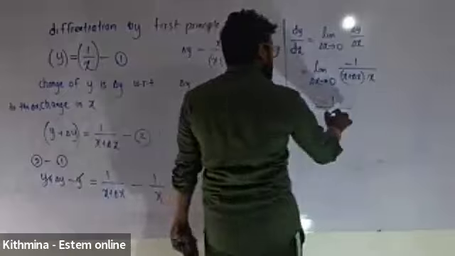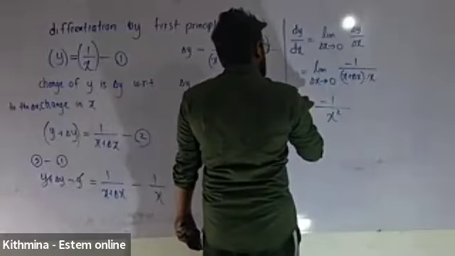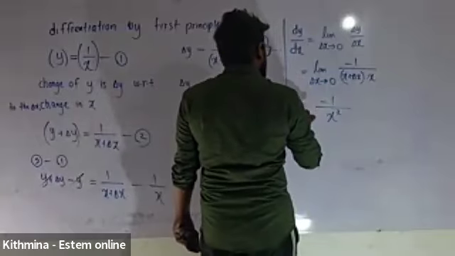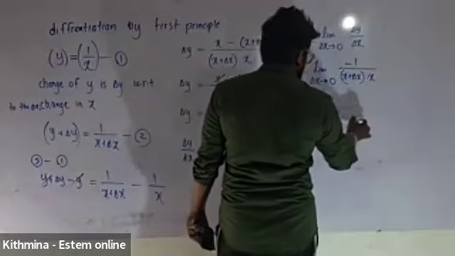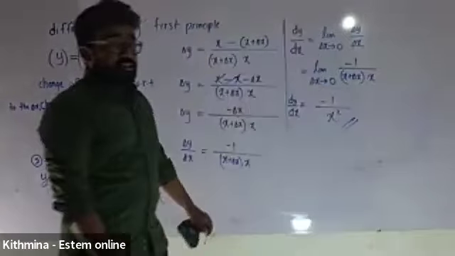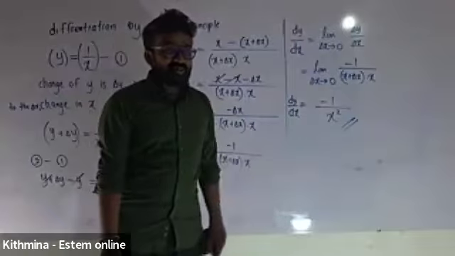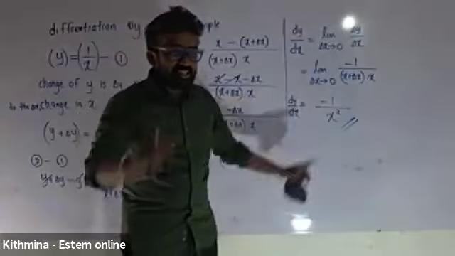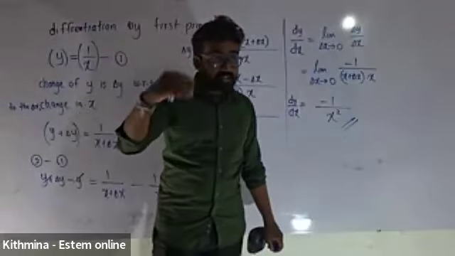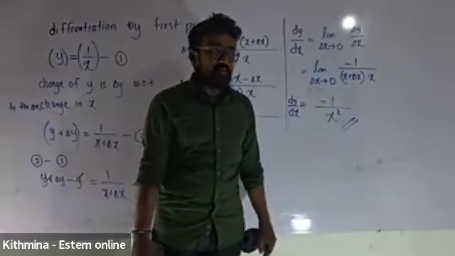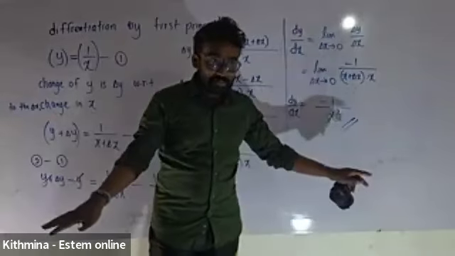Then it's minus 1 over x squared. This is the answer. Sunil, is it okay? We get these in one step in our combined maths paper, in our A-level paper. But this is the first step.